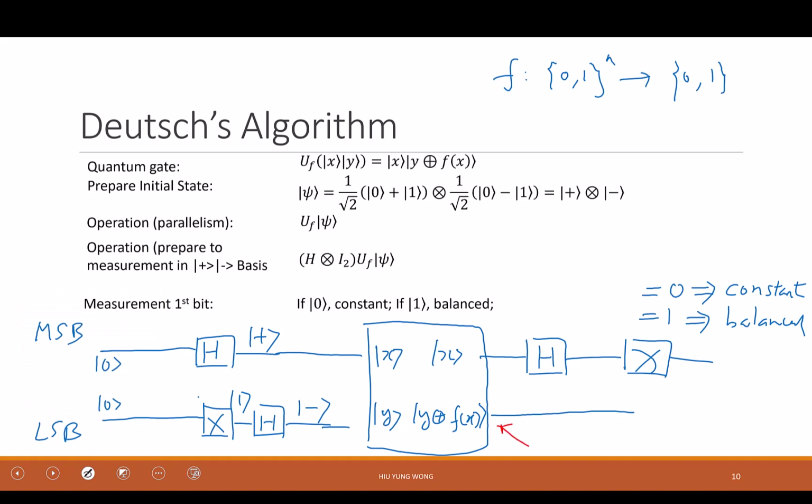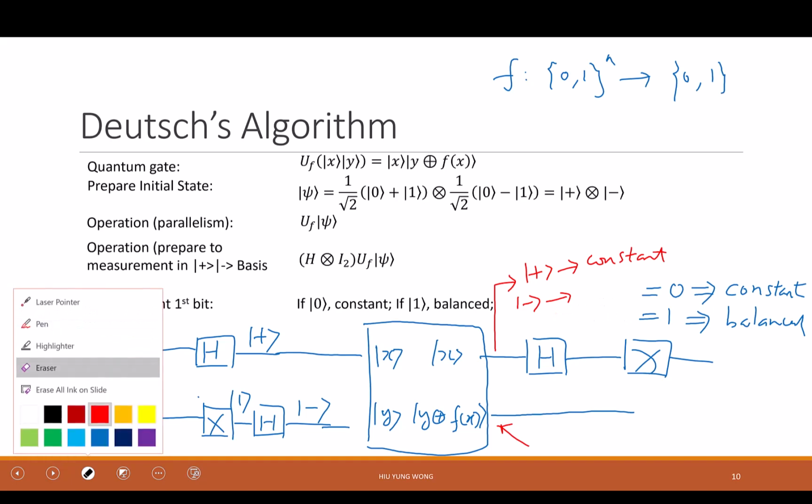This one. When I say when the measurement, the output is 0 is constant, is equivalent to what? Equivalent to here. If this is plus, then this is constant. If this is minus, this is balanced.